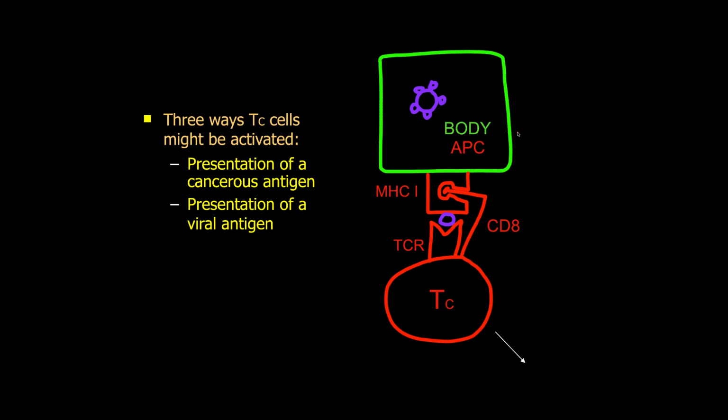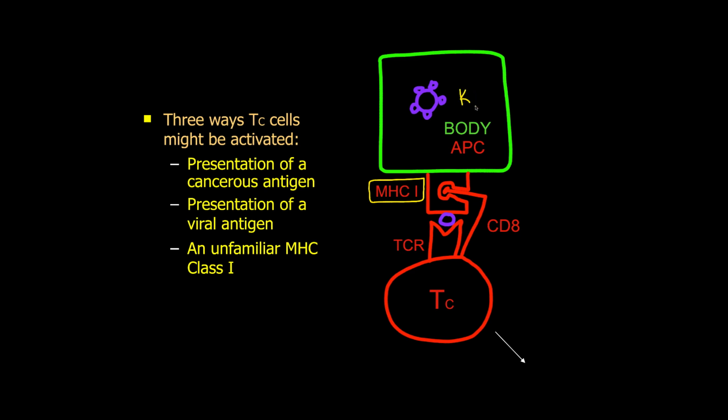And there's a third possibility, and that is if this MHC complex is not a familiar complex to the cytotoxic T cell. In other words, let's say this is a kidney cell here, right? So this is actually a kidney cell.